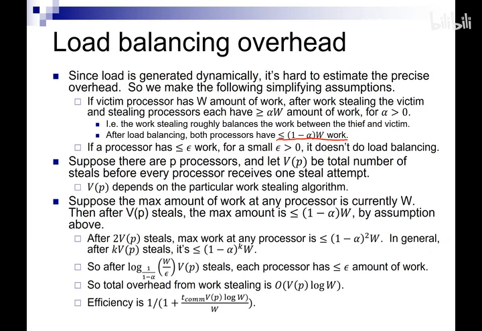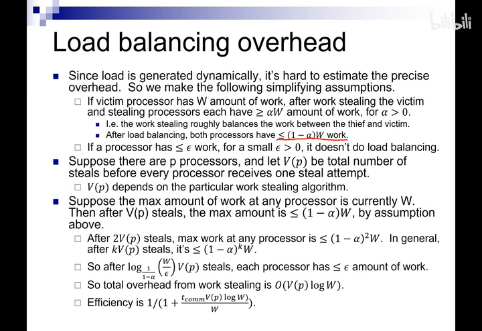After that, we stop work stealing, because if you just have epsilon work, there's no point doing work stealing. So the question is, how many times do we have to do work stealing before the maximum amount of work at any processor is less than epsilon? Once we reach that point, the work stealing algorithm will stop, and nobody will do any more work stealing.